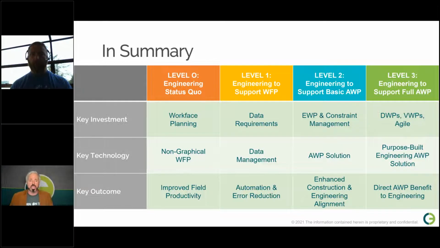And then the outcome of that is that you do get that direct AWP benefit to engineering. So engineering itself gets a productivity increase as a result of the better structuring of these discrete packages and the more structured approach to constraint management. So you get that productivity increase. So that's a summary of the different levels of investment.